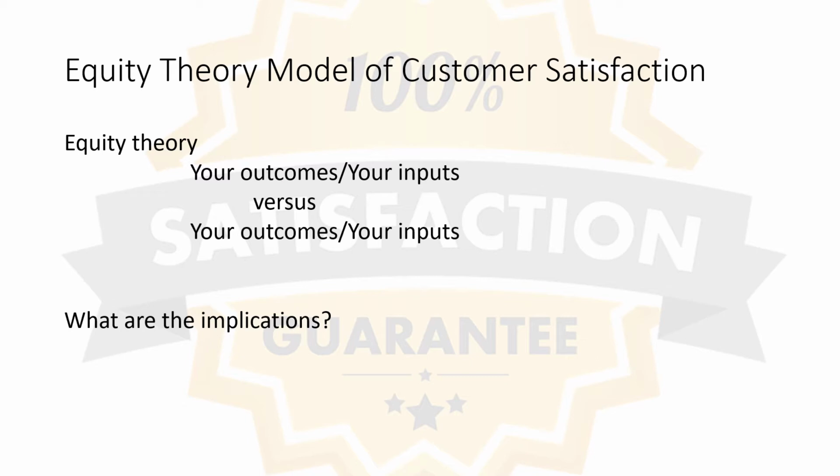And if they appear to be equitable, then I'm satisfied. If I think I got a better deal, then I am even more satisfied. But if I feel like yours was a better deal and that my transaction wasn't equitable to yours, then I'm dissatisfied.